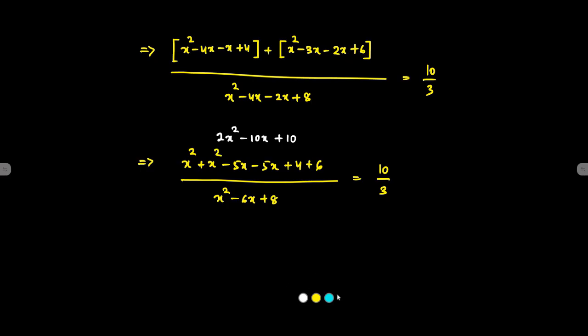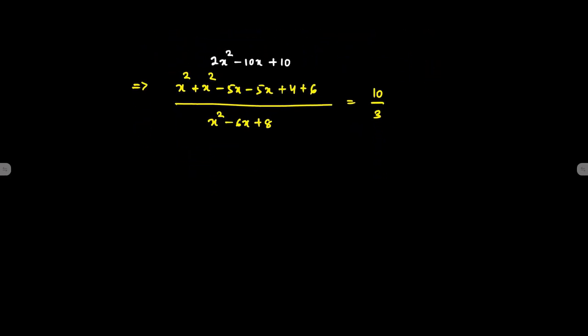Okay, so now we'll cross multiply. So that implies 3 into 2x square minus 10x plus 10 is equal to 10 into x square minus 6x plus 8.